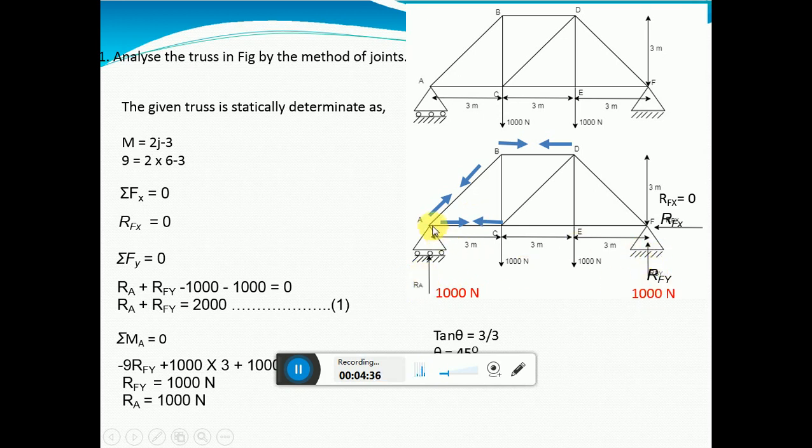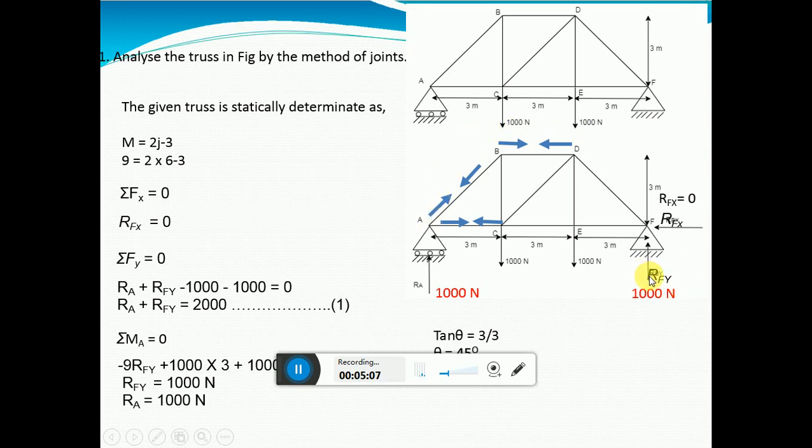So how do we take the moment about the point A? That is 1000 into 3 in the clockwise direction. So it is plus 1000 into 3. Again clockwise with respect to A, plus 1000 into, what is the perpendicular distance? 3 plus 3, 6. 1000 into 6. Next force is RFY acting in the anti-clockwise direction with respect to this point.